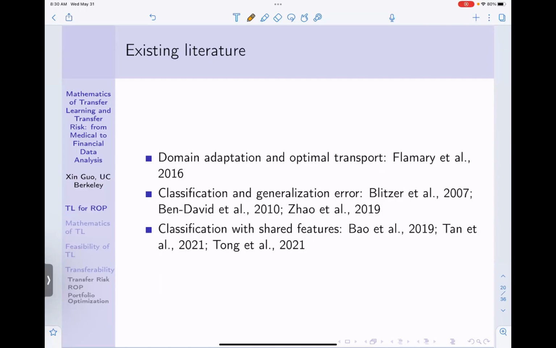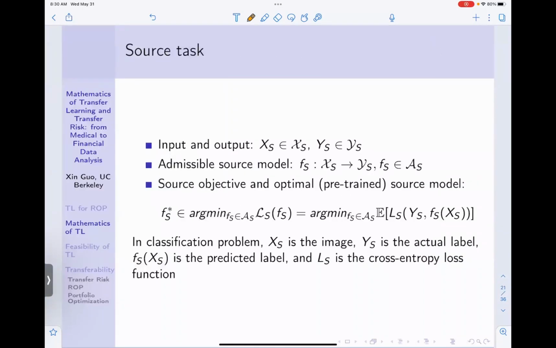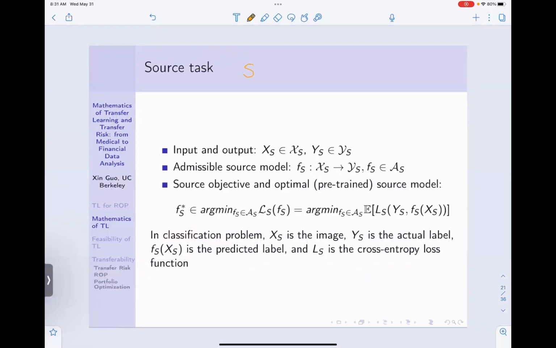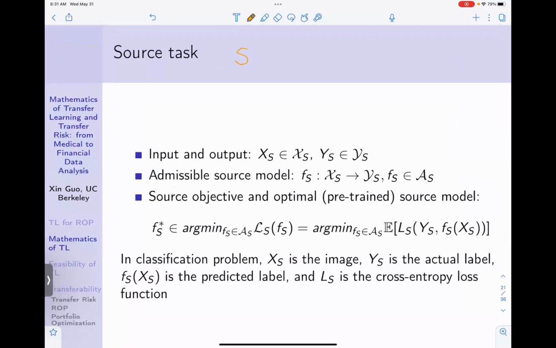Okay, so for us to actually answer the question we proposed here, we have to come back to the drawing board and ask, what is transfer learning? Transfer learning starts with a source task. I use S to refer to anything related to the source task. So X_S is your initial image.